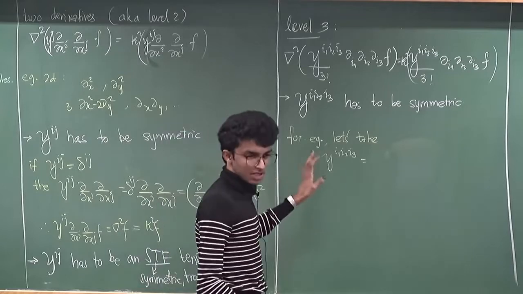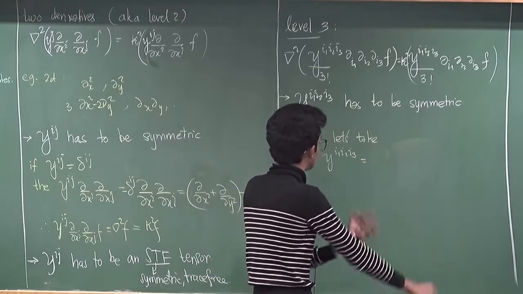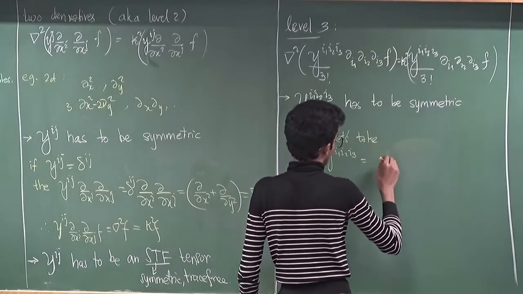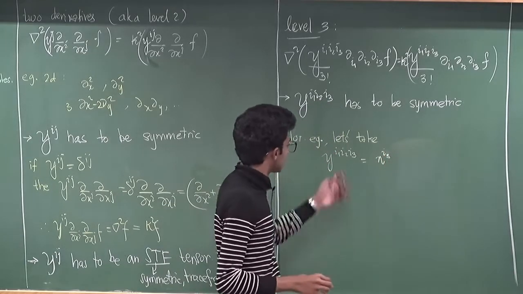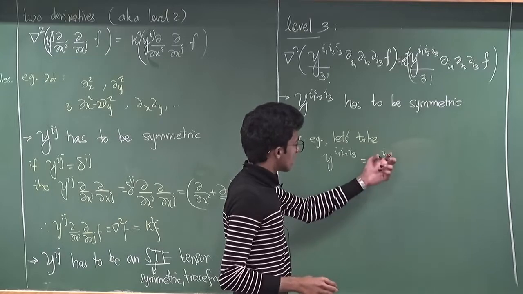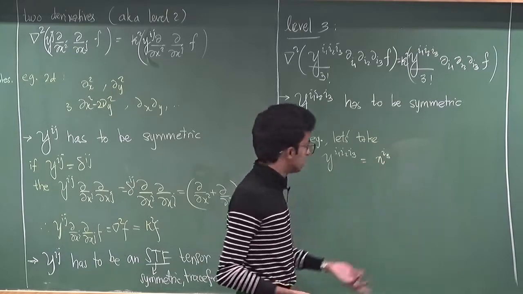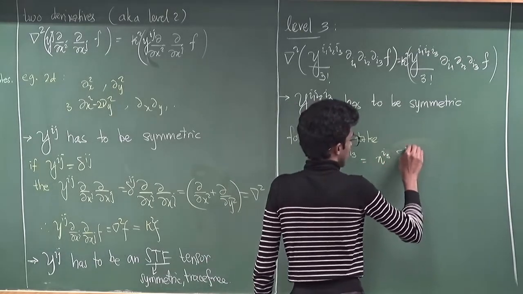Let's take a particular example. Let's just say this is some number, let's call it n_{i3}, that depends on i3. So say y_{i1 i2 i3} is n_{i3}, which is some number, say 1 or 2, times an identity tensor in i1 and i2.